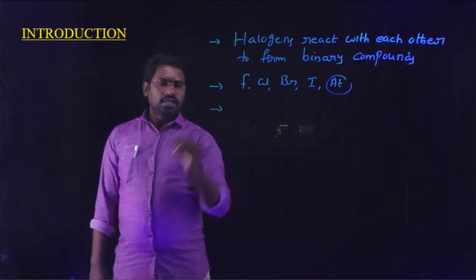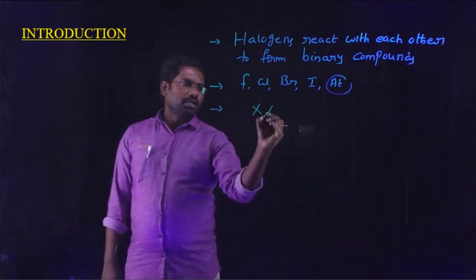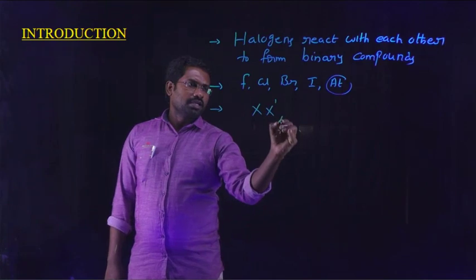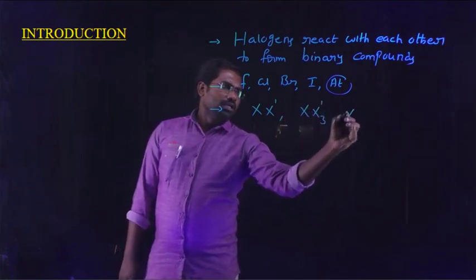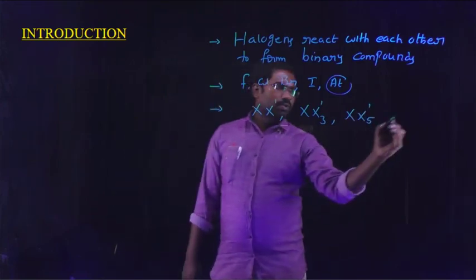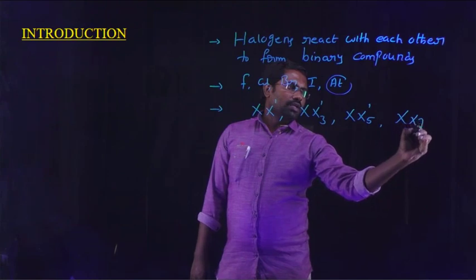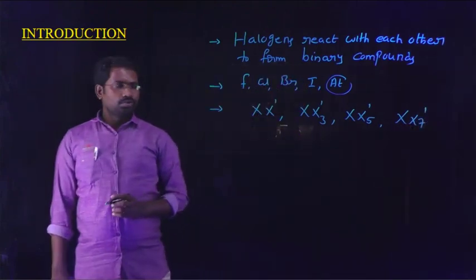Mainly, these can be classified into four categories: XX', XX3', XX5', and XX7' type. These are the four types of interhalogen compounds available.